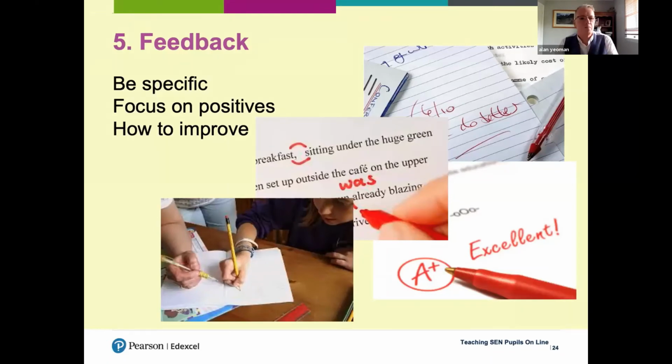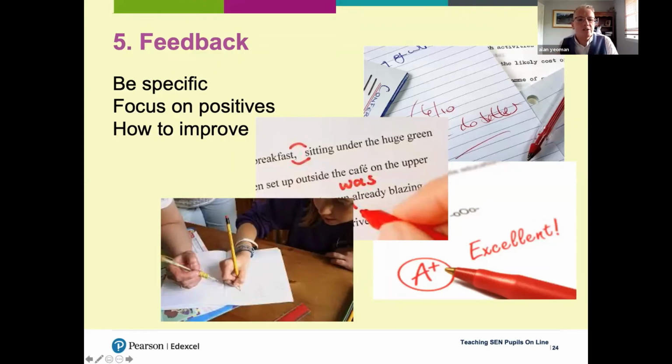Focus on the positives and raise that self-esteem for those children. And then one thing, right, okay, so let's just have a look at, maybe it's a spelling format, or maybe it's to do with your report writing, listing the resources or whatever. Find one thing to improve, and that's what they can focus on next time.